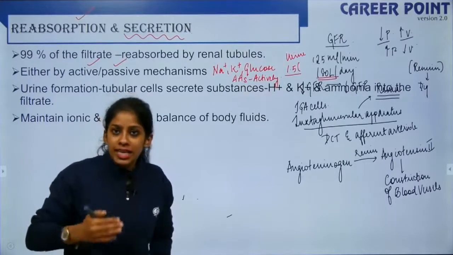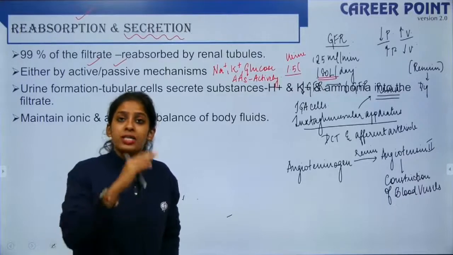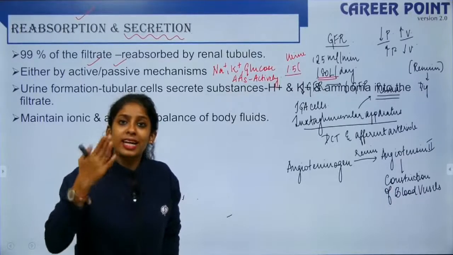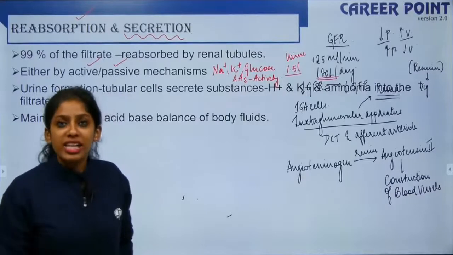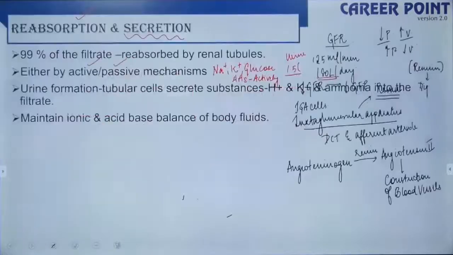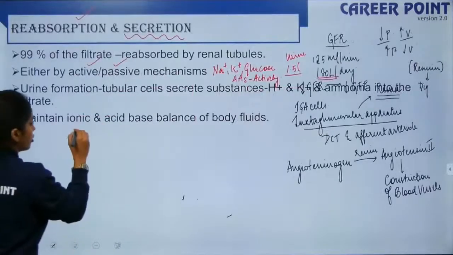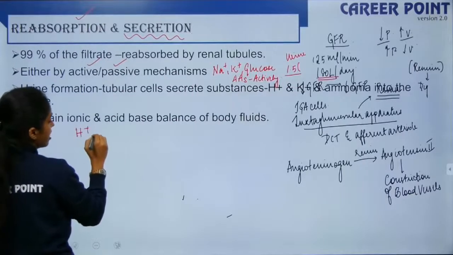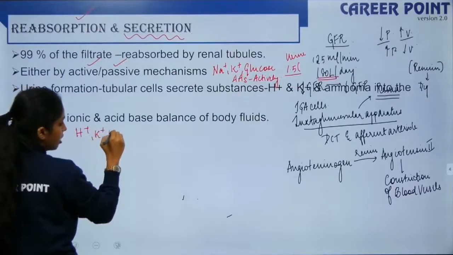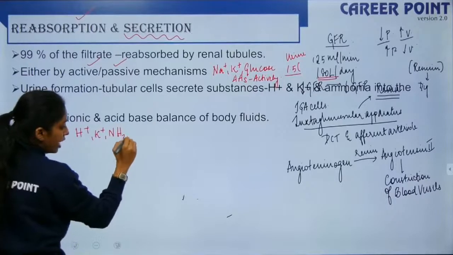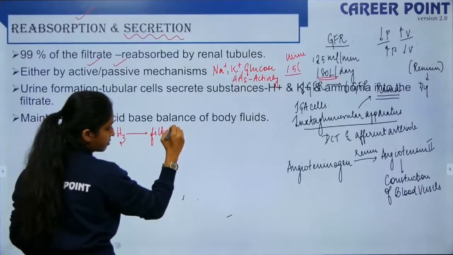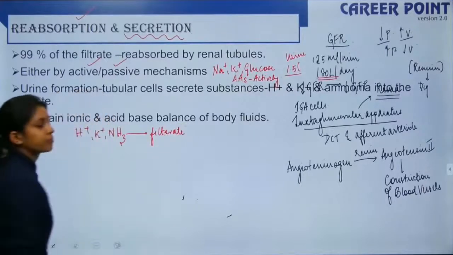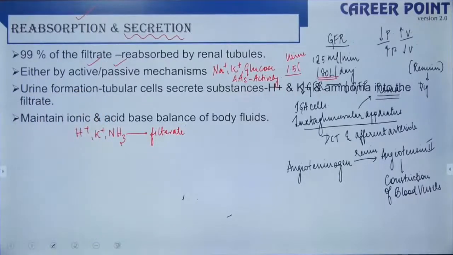So to maintain the pH once again, certain ions are secreted into the filtrate. So this is also done by your renal tubules, alright? So you secrete H+, K+, ammonia into the filtrate to maintain the balance, right? So this is what happens.